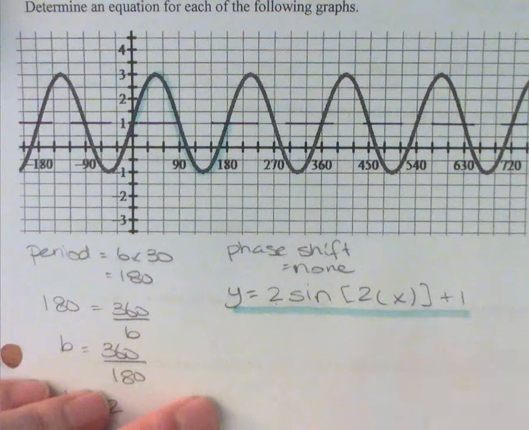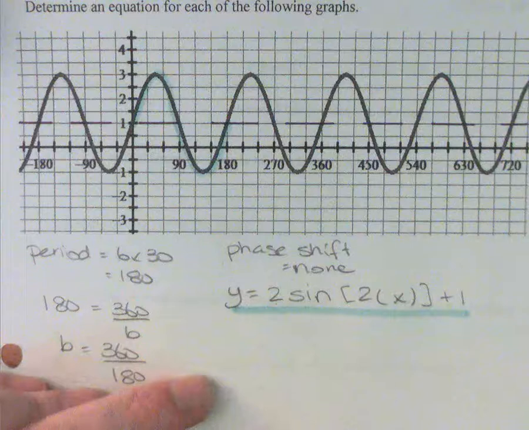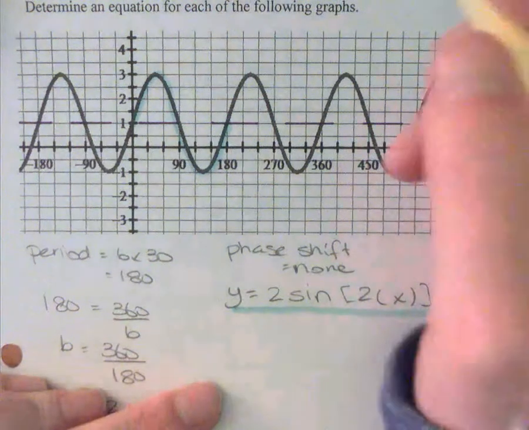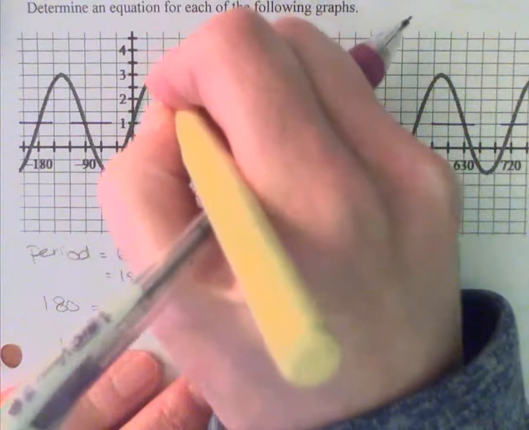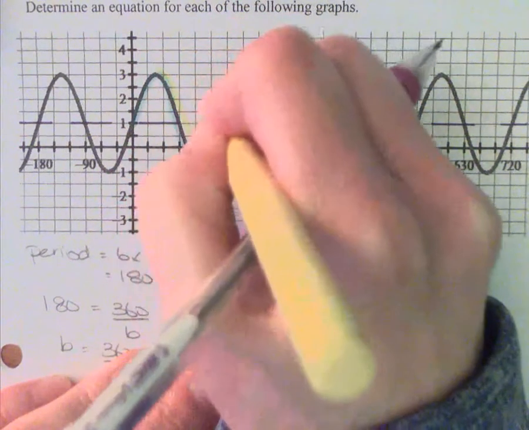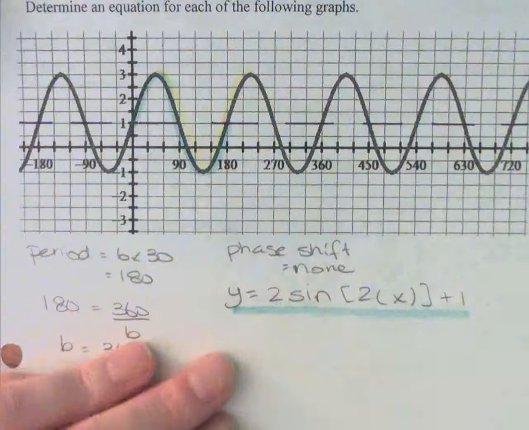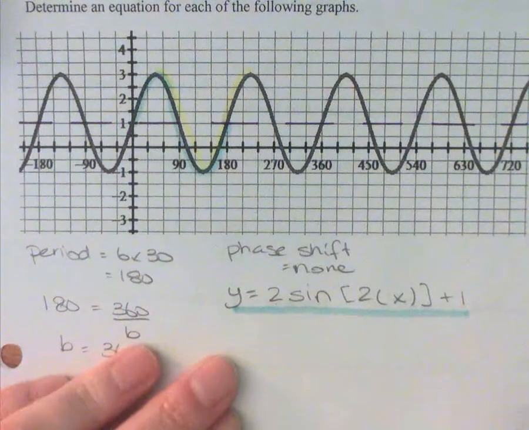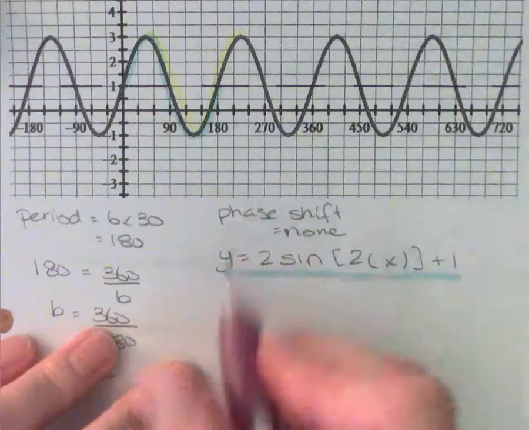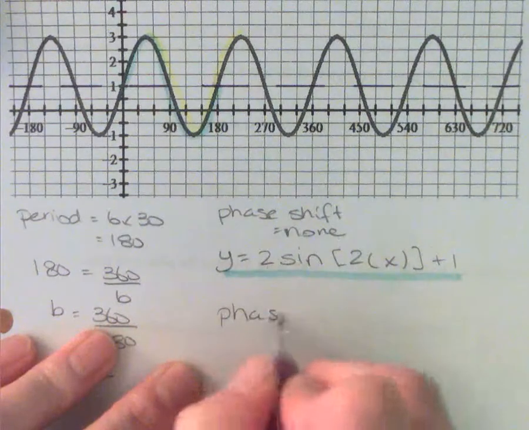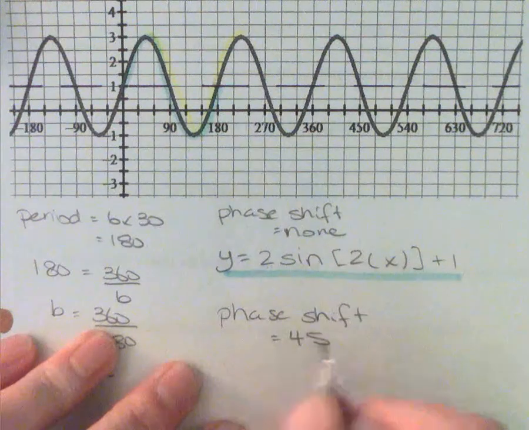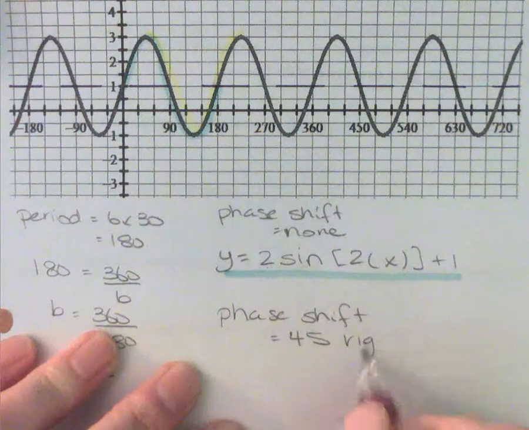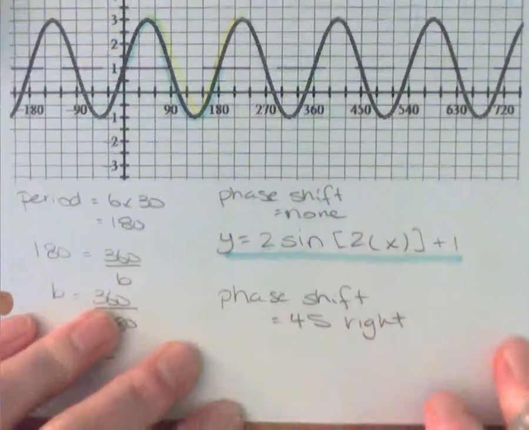But say I pick something different. Say I wanted a different cycle. Say I wanted maybe the cosine graph. So the cosine graph starts up here, goes around, and comes back up here. Now we're starting a space and a half, and if you remember, a space and a half is 45 degrees. So in this case, I could say that the phase shift is 45 degrees, and we went right, or right 45.